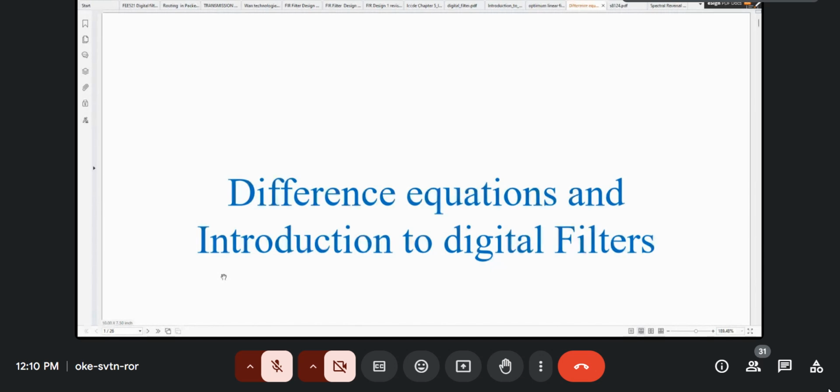We are still going to use DTFT in the design, but we are going to look at the Z domain when it comes to realization and also implementing the filters, creating the structures for the digital filters.